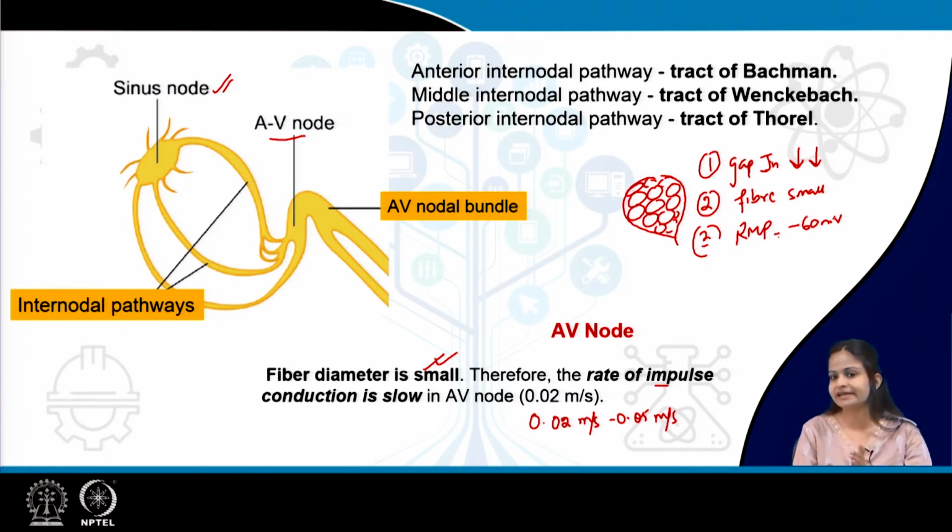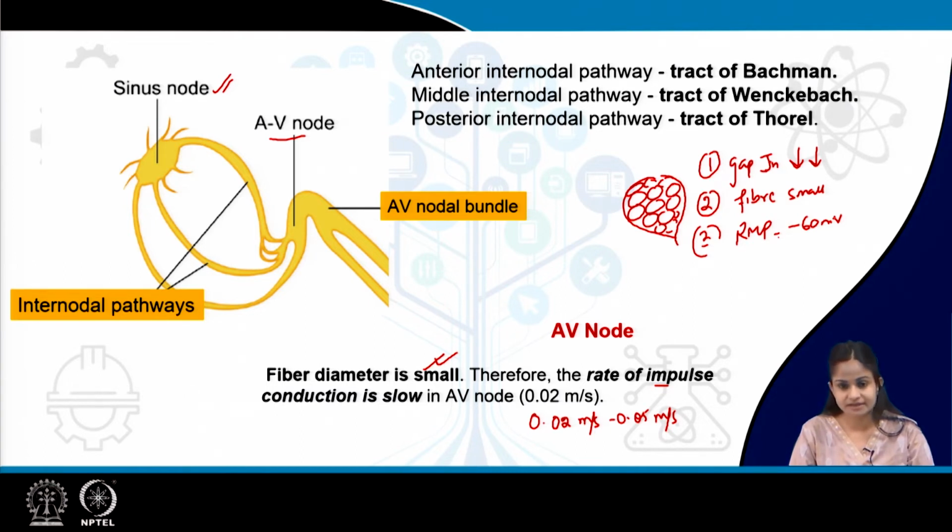The more negative the membrane potential, the more attraction or rushing of the positive ions towards it. Minus 60 millivolt is also a negative potential, but minus 90 millivolt in the ventricular muscle is further more negative. So, the resting membrane potential of the AV node is comparatively less negative than the ventricular myocytes.